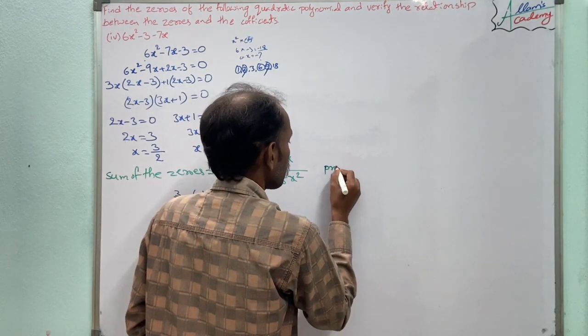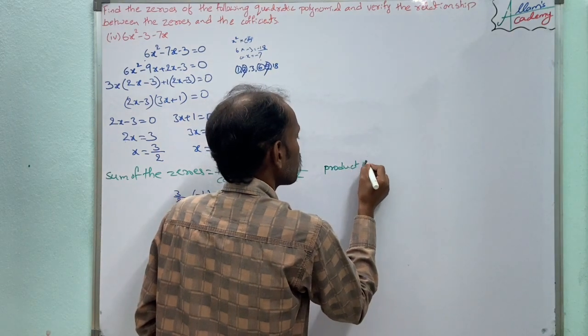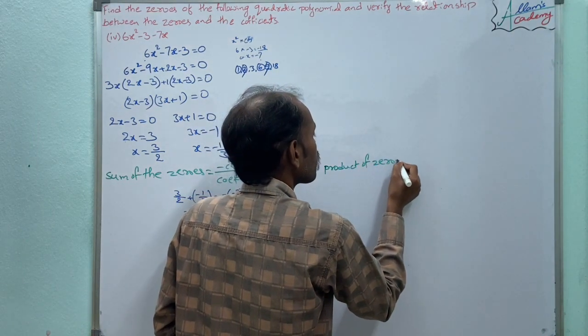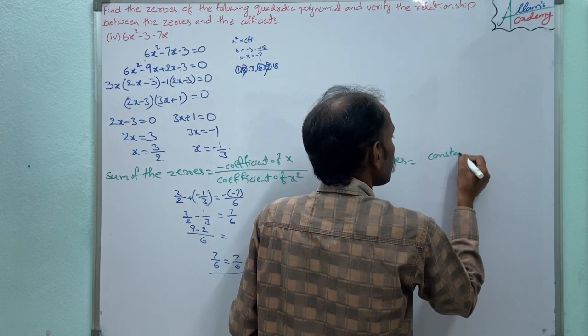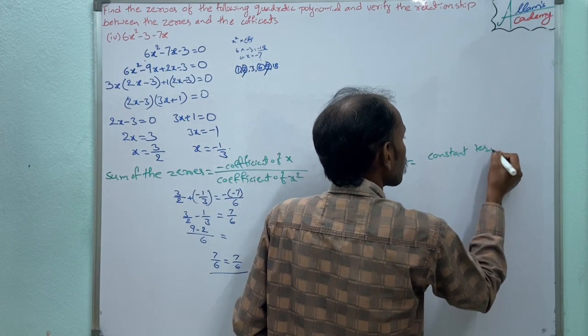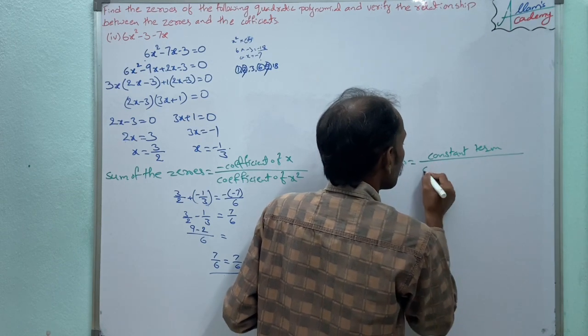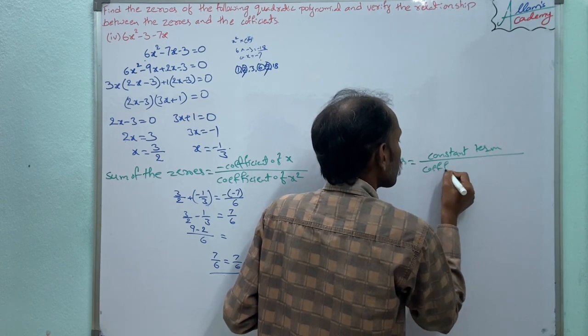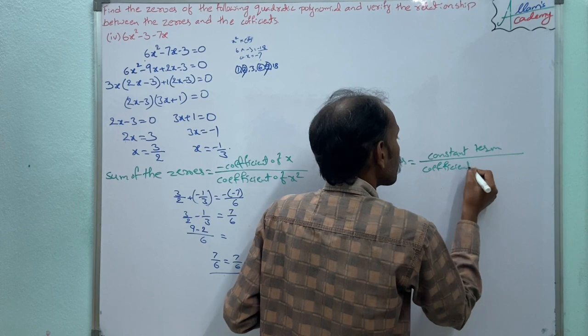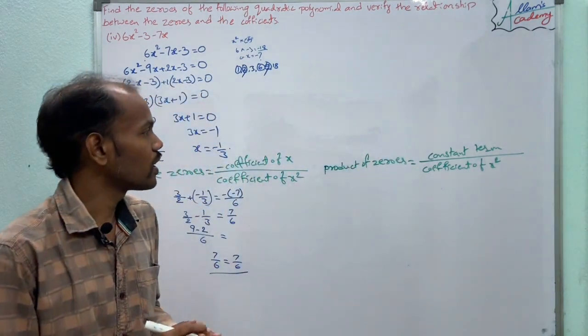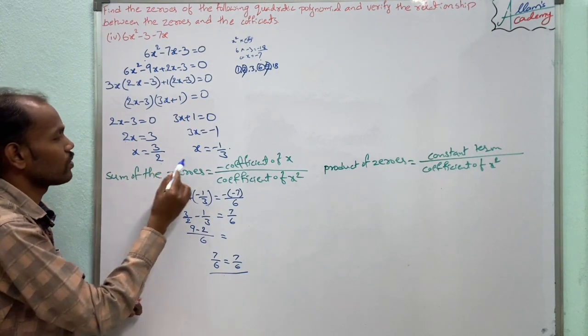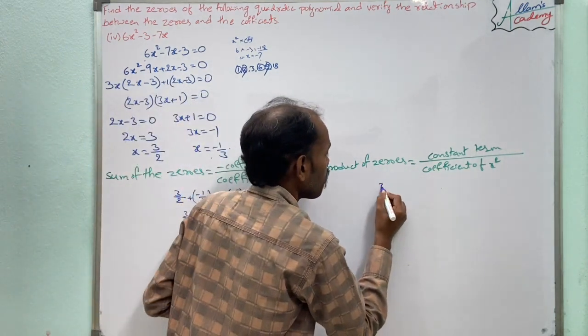Now we find the product of zeros. The product of zeros equals constant term by coefficient of x square. Here the zeros are 3 by 2 and minus 1 by 3.